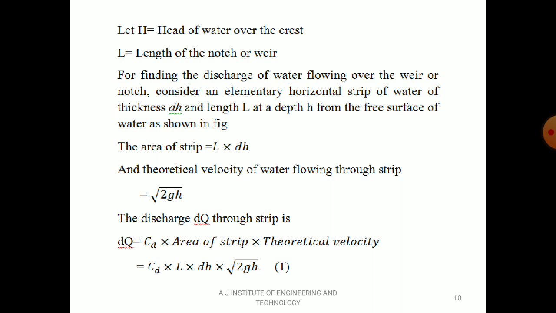Because we are going to find the actual discharge, not the theoretical discharge. So I have to multiply by Cd for dq. So dq equals Cd into area of strip into theoretical velocity, which is Cd into L into dh into square root of 2gh. Take it as expression 1.